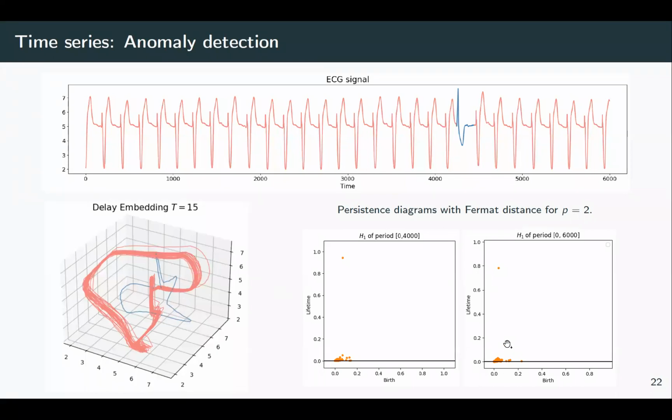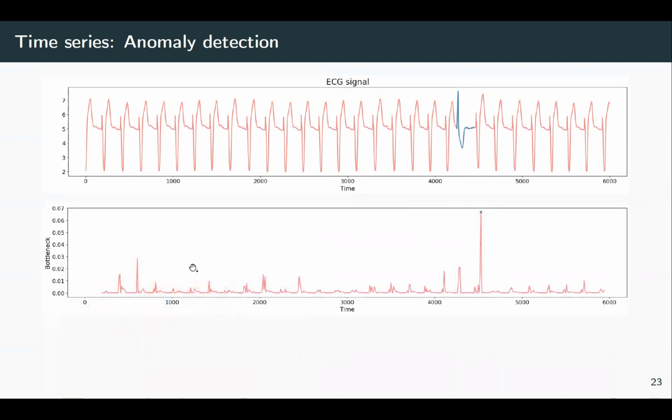This cycle. Moreover, if you repeat this procedure, computing the embedding up to some time t, and then the persistent homology of the period 0 up to time t, you have a family of persistence diagrams that are evolving in time. And if you compare consecutive diagrams, you can see a peak after the anomaly is produced. So in some sense, you can detect anomalies in the signal from this topological point of view.